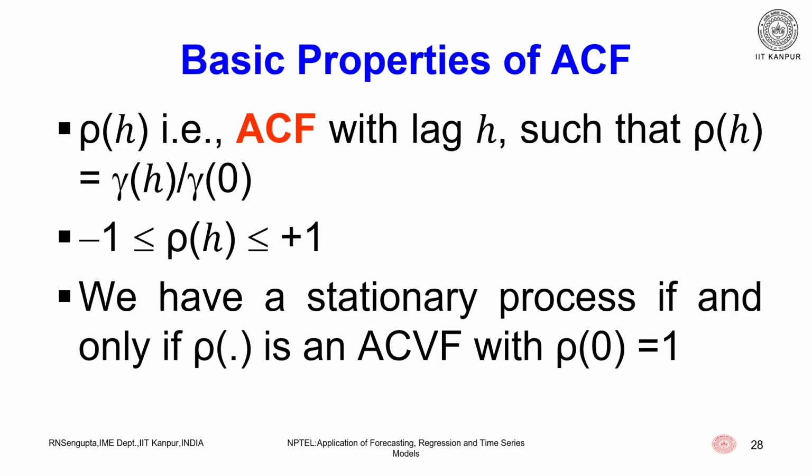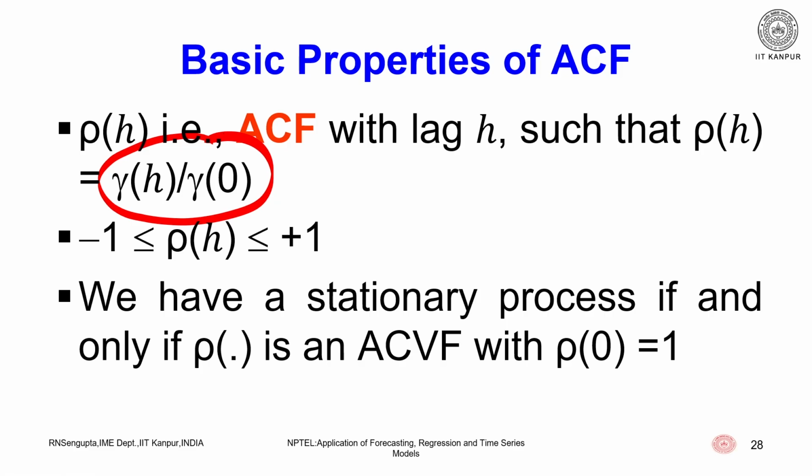So, the autocorrelation function with lag h will be given by the autocovariance function for lag h divided by the autocovariance function for lag 0. And obviously, as mentioned, the autocorrelation function is always between -1 and +1, both inclusive, and we have seen that in general statistics, which is the DADM 1 course, which I teach in NPTEL MOOC.